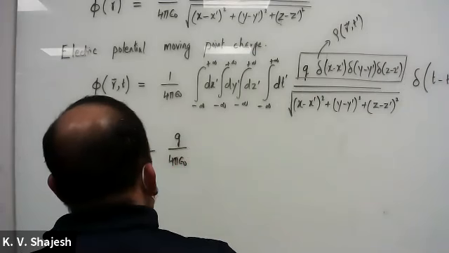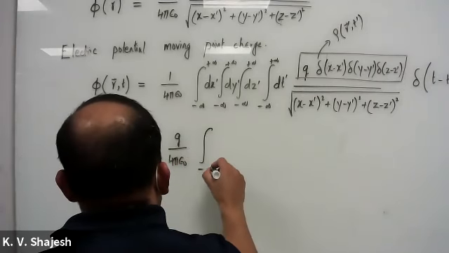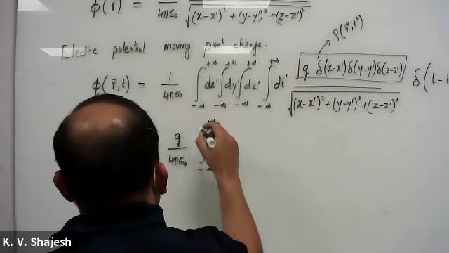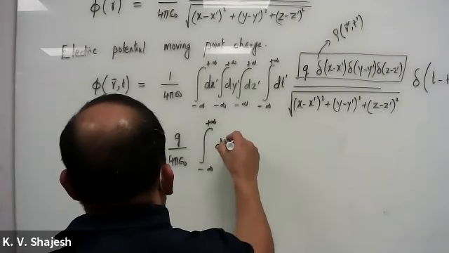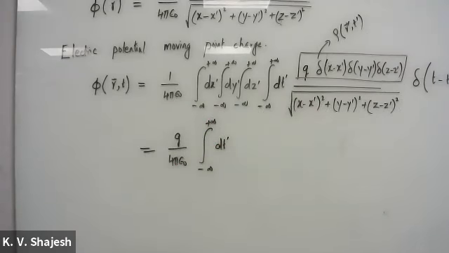The x prime, y prime and z prime integrals can be done immediately, so that's minus infinity to plus infinity dt prime. And I have to specify the problem at this point, right? I think we said this last time.